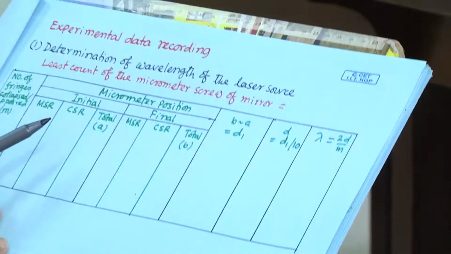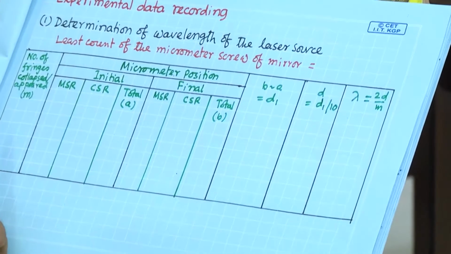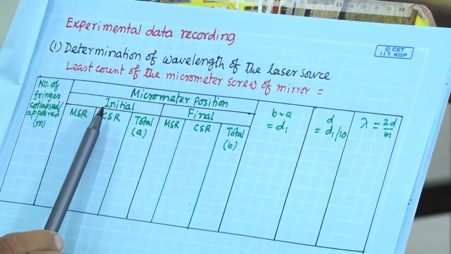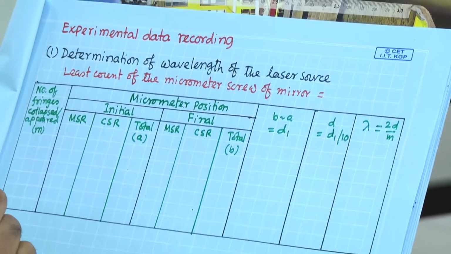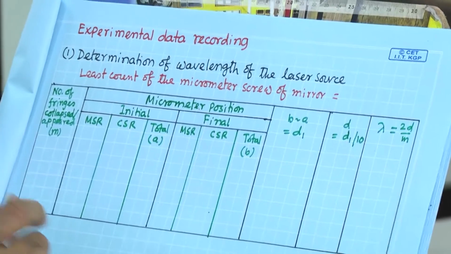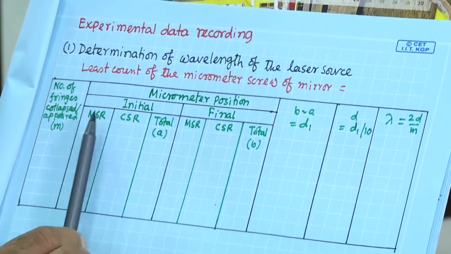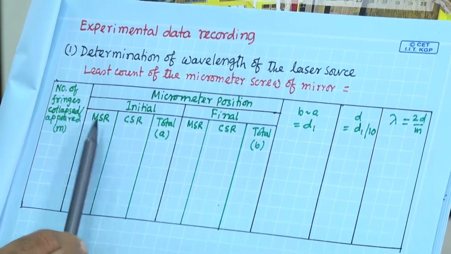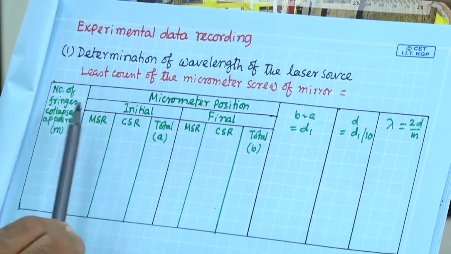Then what will we do? What is the micrometer position, the initial position before starting to change the distance of the one mirror? So the initial reading we have to take: main scale reading, circular scale reading and total.